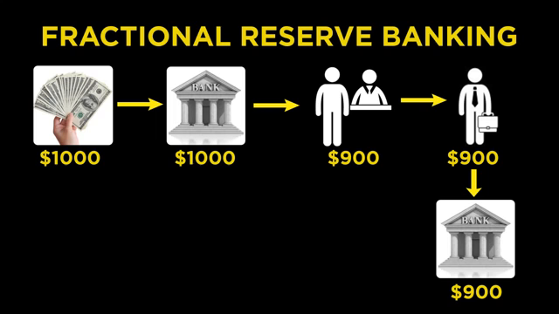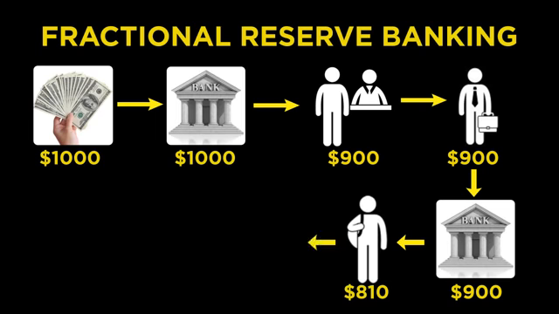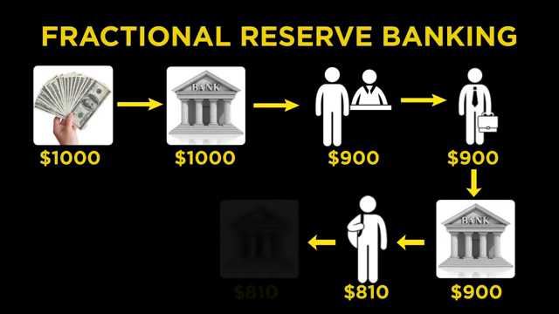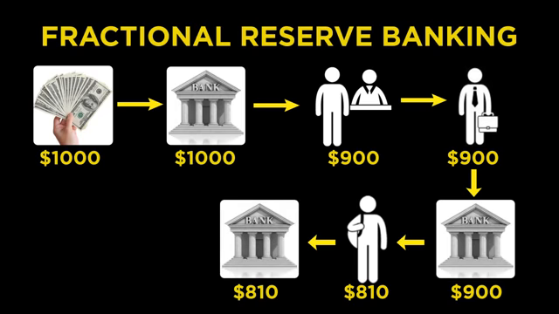With this new deposit, the bank now has a fresh $900 to work with, and so it gets busy finding somebody who wants to borrow 90% of that amount, or $810. And so another loan, this time for $810, is made, which gets spent and redeposited in the same bank, meaning that a brand new fresh deposit of $810 is available to loan against.